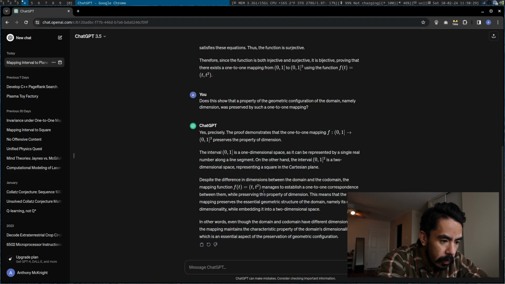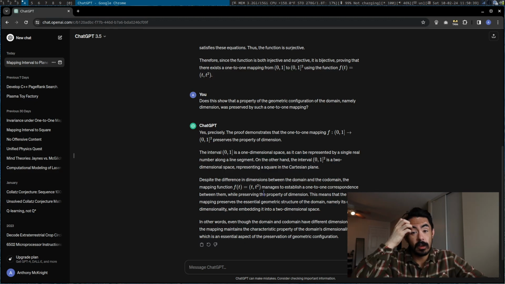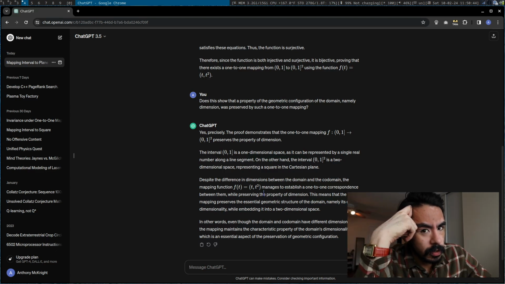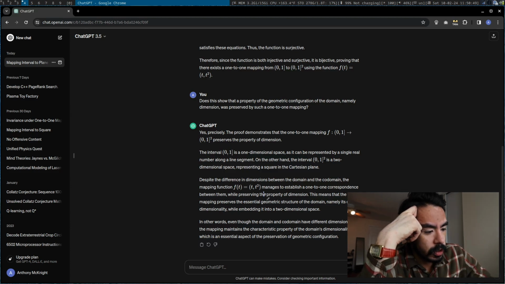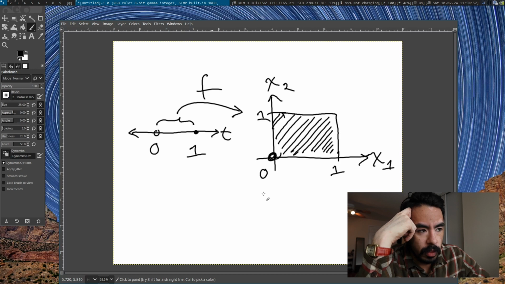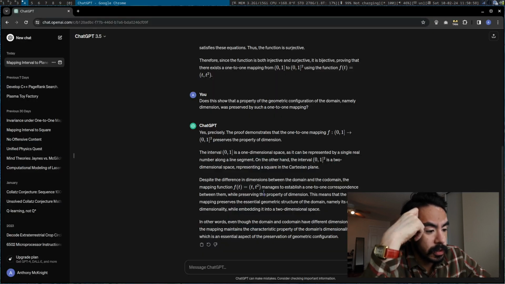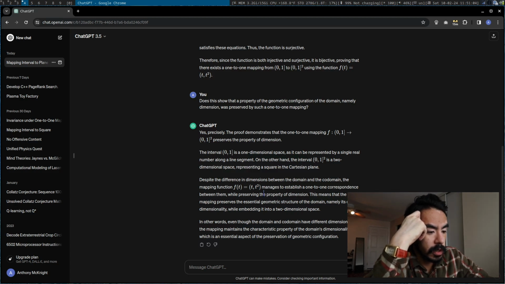Okay, despite the difference... Okay, so it says all this stuff, and it seems kind of contradictory, okay? Because, I don't know about you, but just considering the problem, it's like, well, we have a line versus a square. Something's not right here. But then ChatGPT is saying, yes, precisely, this is preserved, but then immediately contradicts itself.